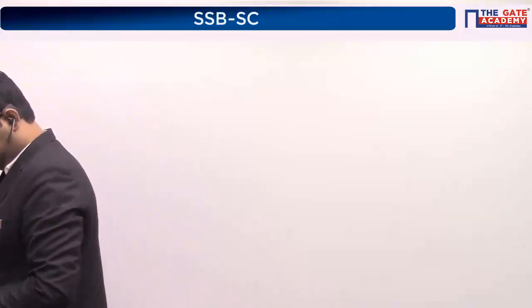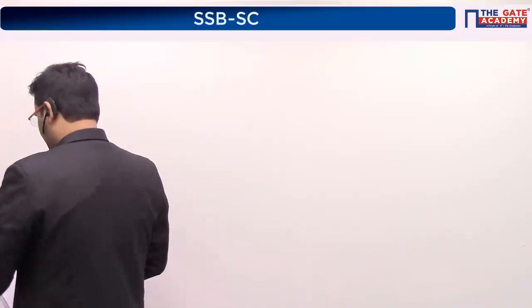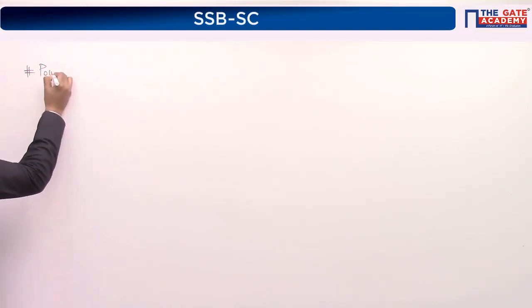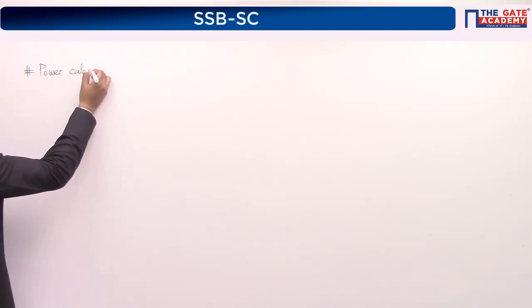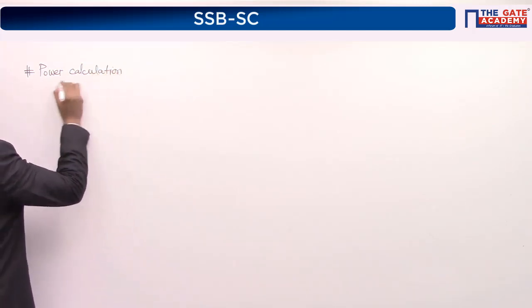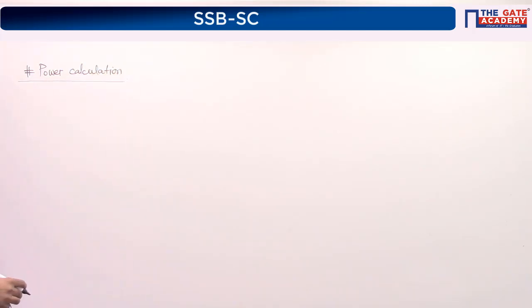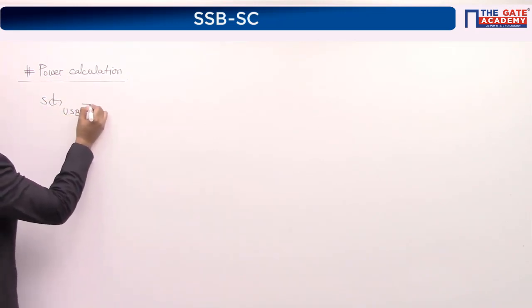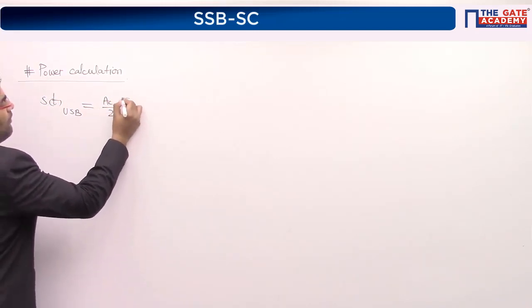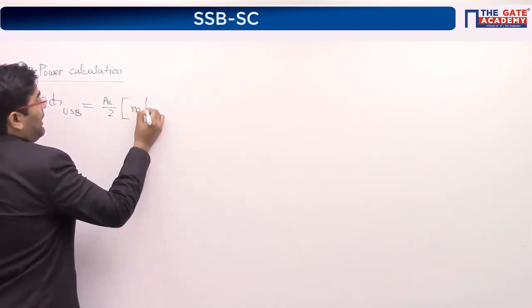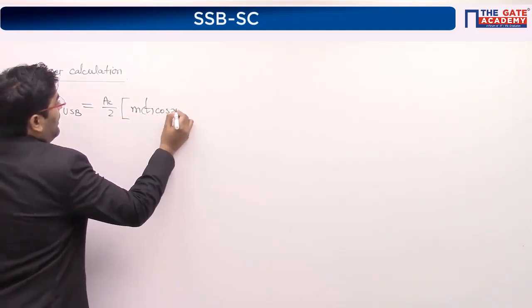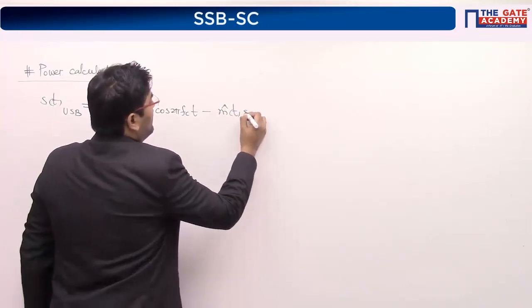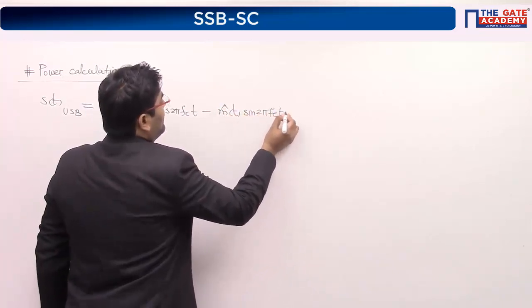Now guys, we'll do the power calculation, obviously for single side band. So if I take the equation, take any one, take upper side band. So what you'll write? You'll write AC by 2 MT cos 2 pi FCT minus M hat T sin 2 pi FCT.